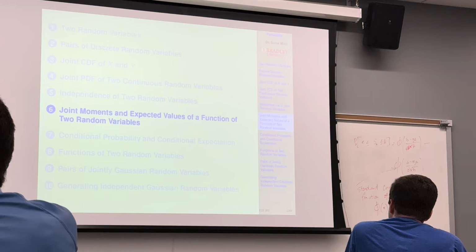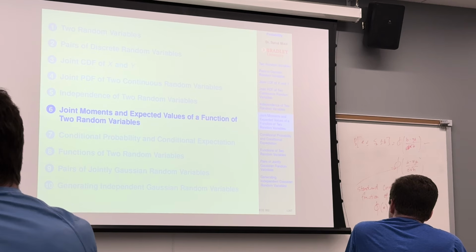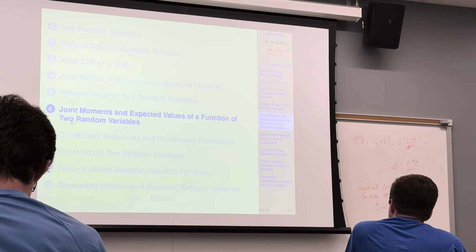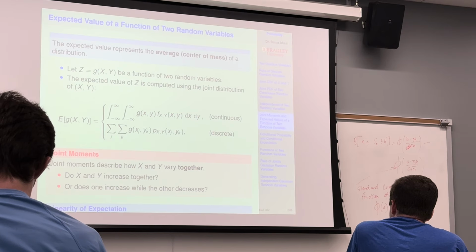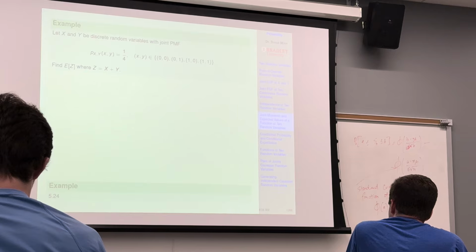We skipped that, and then we went on to joint moments and expected values of a function of two random variables. So very important.